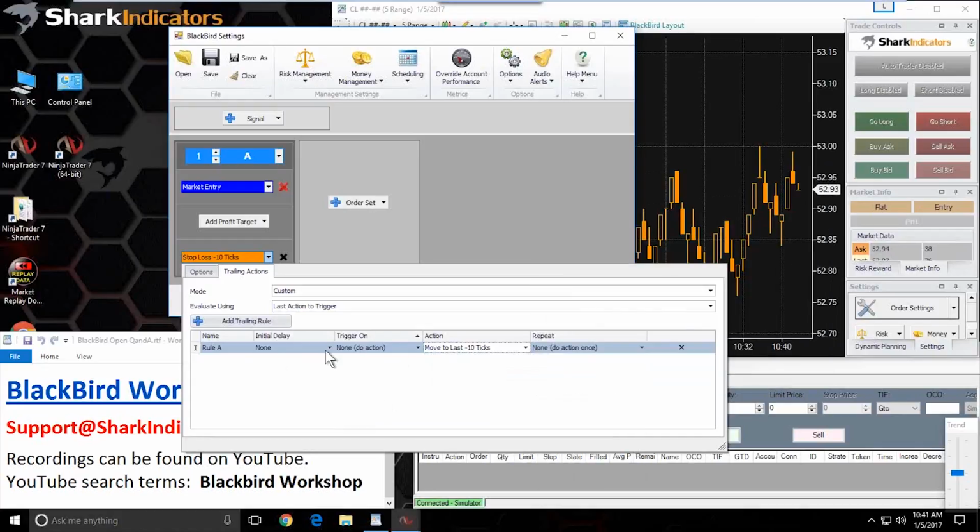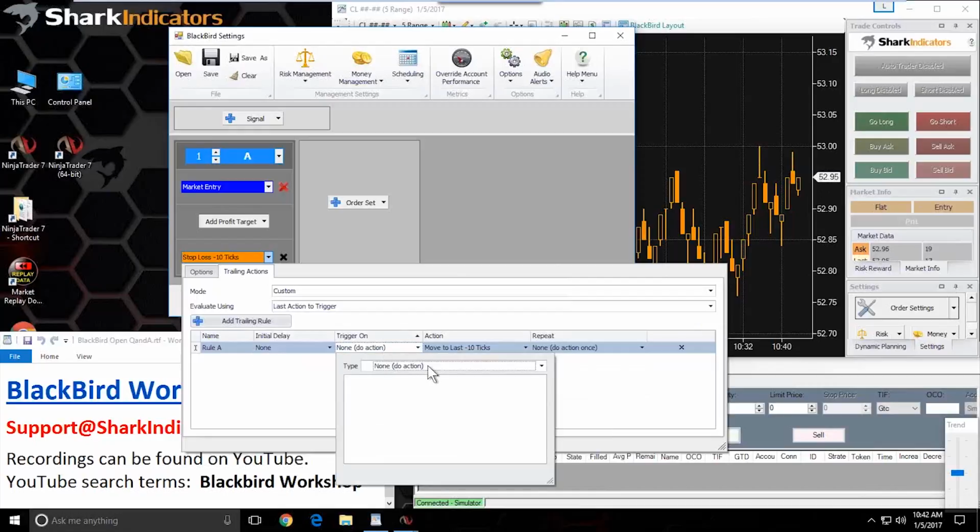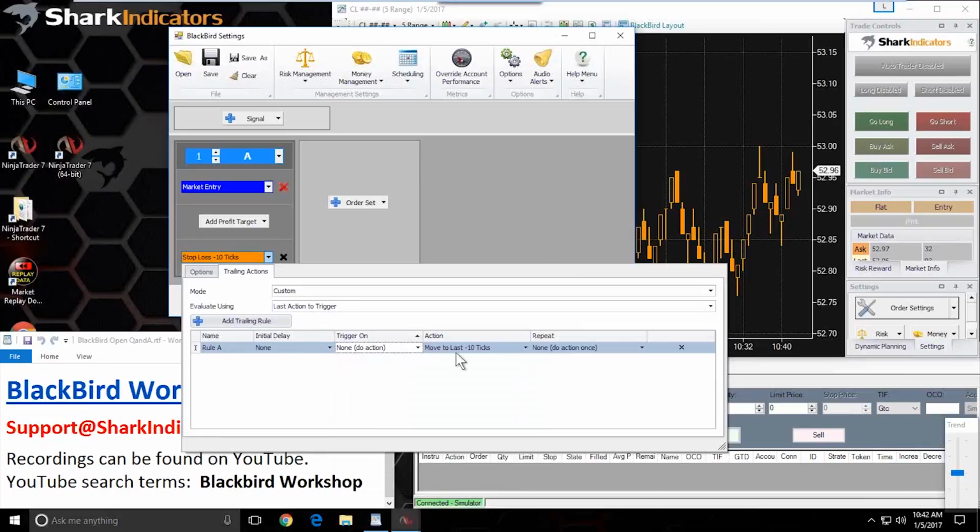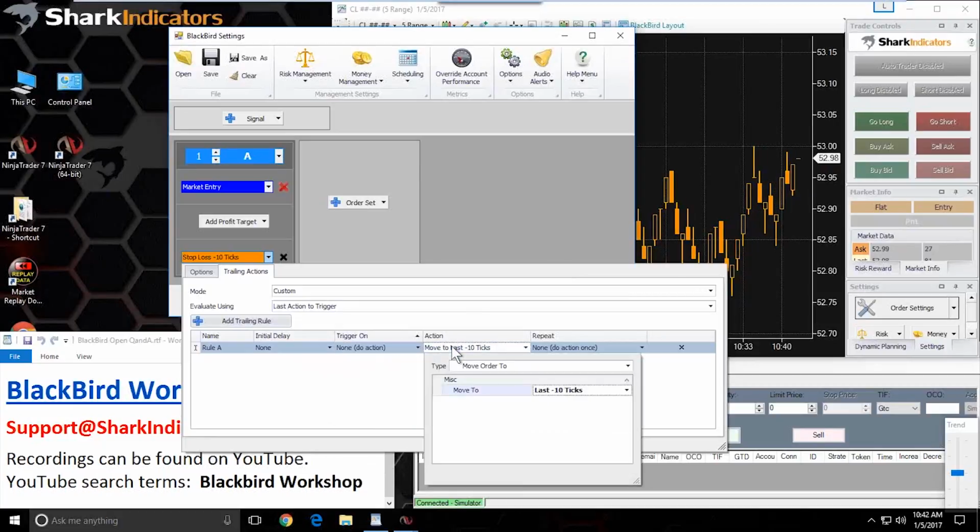This kind of trailing rule basically becomes a fixed 10 tick trailing rule. There's no delay, so we're not waiting for anything. There's no trigger, so we don't need any special event to happen. So BlackBird just moves on and starts moving your stop loss right away.